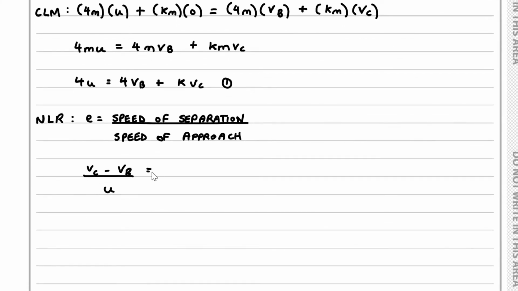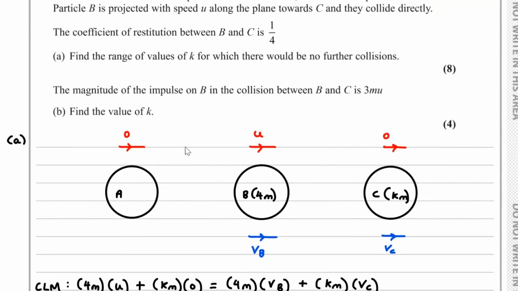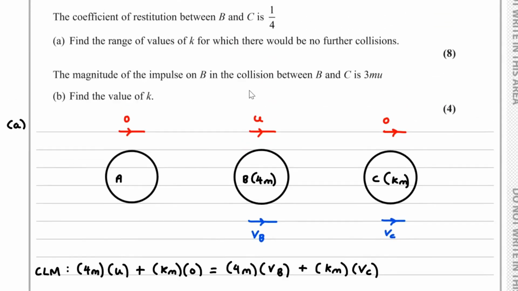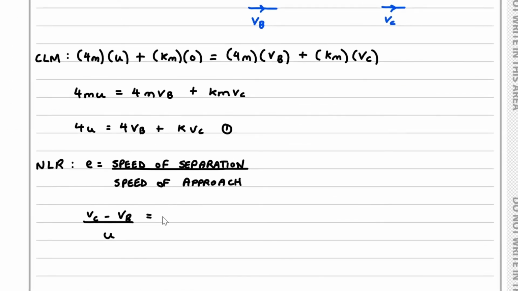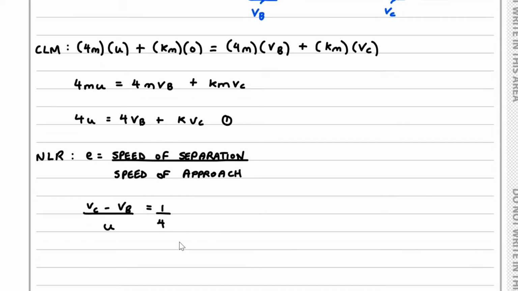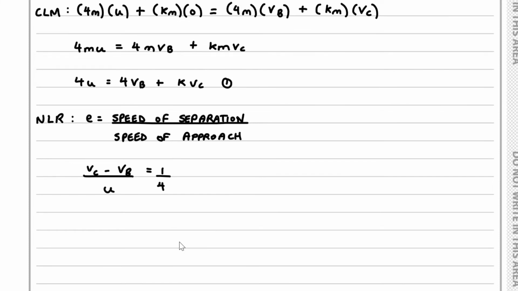And we were told in the question that the coefficient of restitution between B and C is 1/4. So this is equal to 1/4. So if we tidy this up, we've got vC minus vB equals 1/4 u. In other words, u over 4.